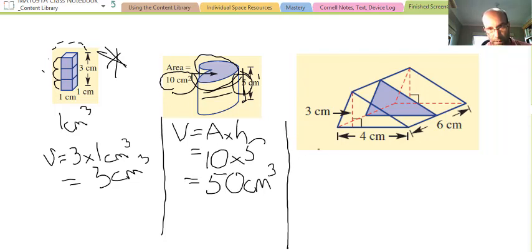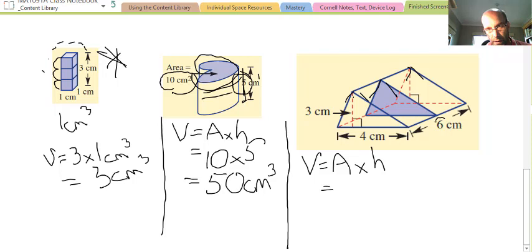Lastly, we have another prism. This one is a triangular prism. It has a constant cross section. You can tell by the front surface here, and the middle and the rear, all the same triangle. So that is a right prism, and the volume is cross-sectional area times the height.